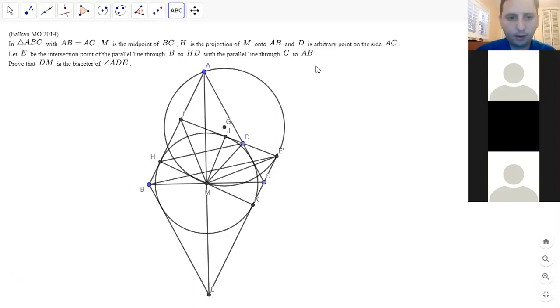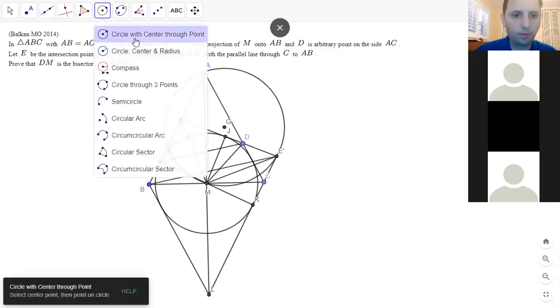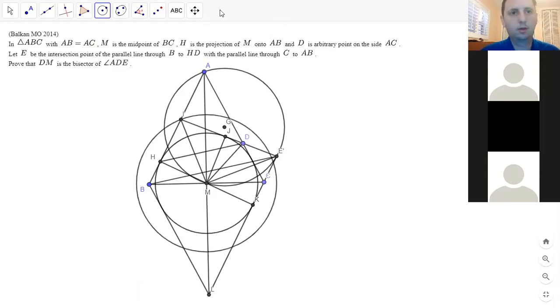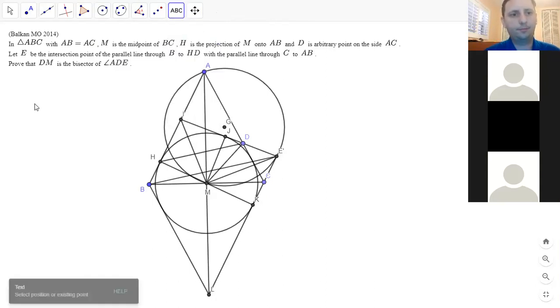Oh, does MI equal ME prime? No, this is a right triangle. So that would mean it would have to be, yeah. Okay.